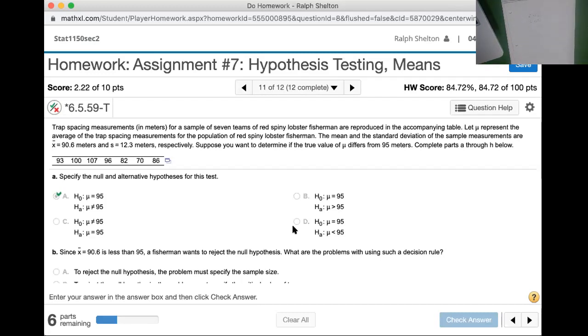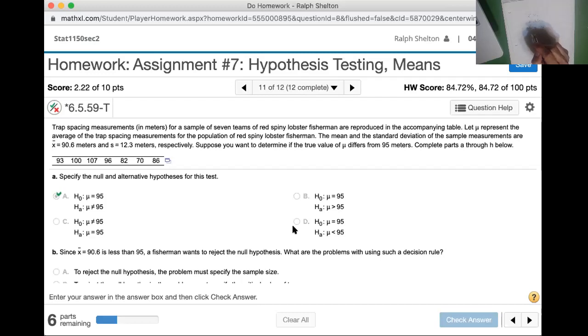Suppose you want to determine if the true value of mu differs from 95 meters, okay? So 95 is going to be the null hypothesis value. H0, the null hypothesis, is going to be mu, and I like to say mu sub naught, subscript 0, equals 95. And it says, suppose you want to determine if that differs from 95. So differs just means it's not equal to.